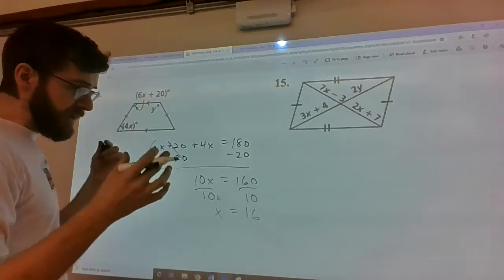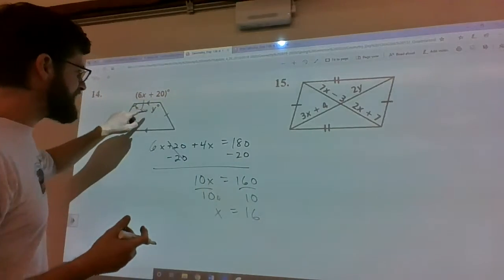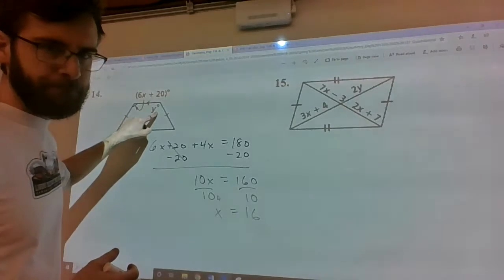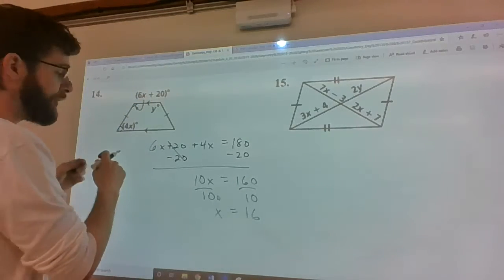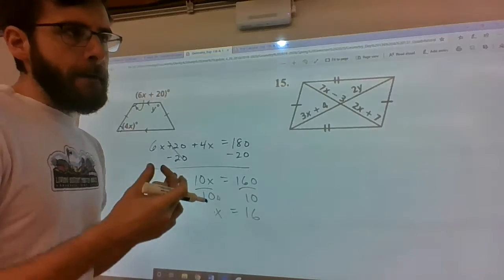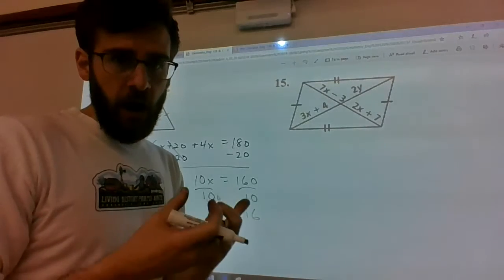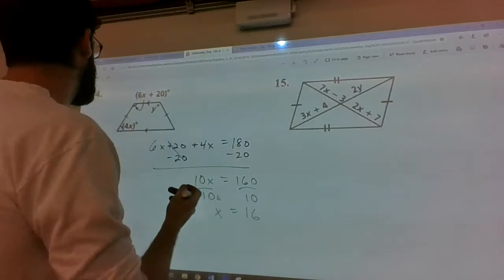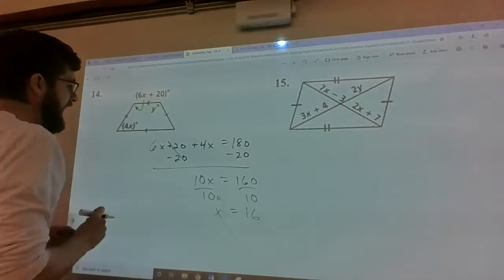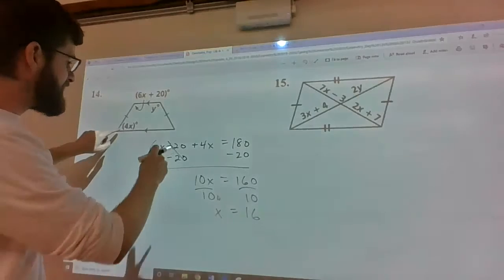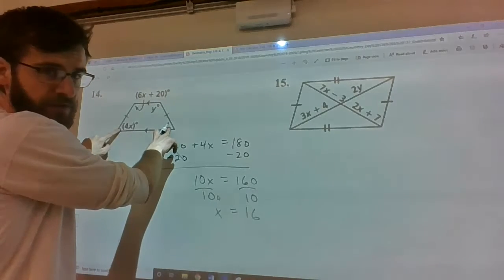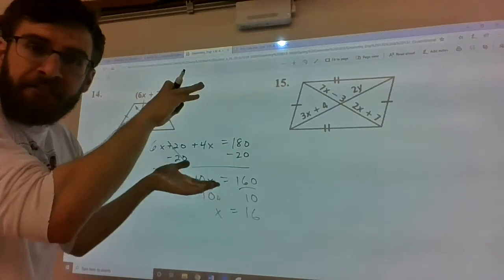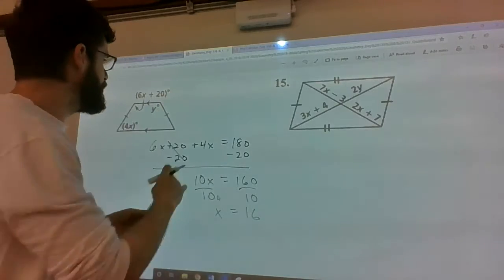And then what we need to do is figure out what to make of this y value here. Now, I don't know if you guys remember this, but the base angles of a trapezoid are congruent. And technically, you could classify these as base angles or these as base angles, because I could flip the trapezoid and talk to you about it like this.